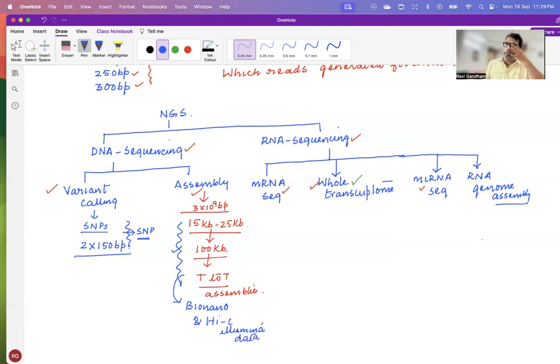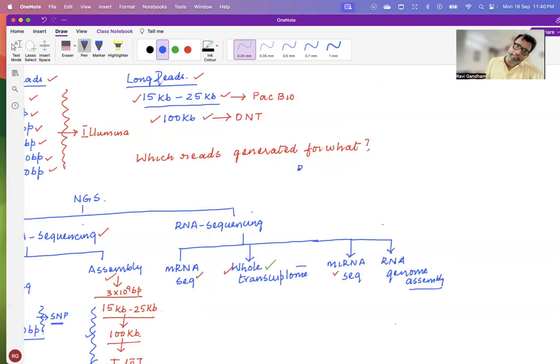Now, for RNA sequencing, your RNA inside the cell is dominated by your rRNA. RNA also includes mRNA, which will normally be sequenced to find out the differentially expressed mRNA under different conditions of your study. And this mRNA codes for your proteins.